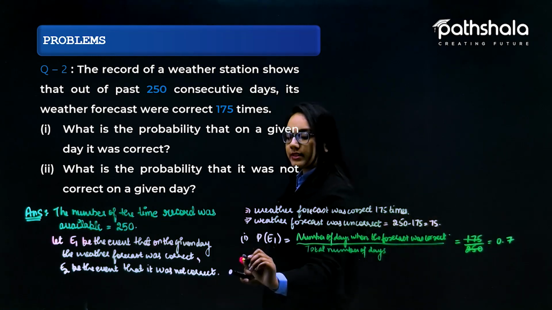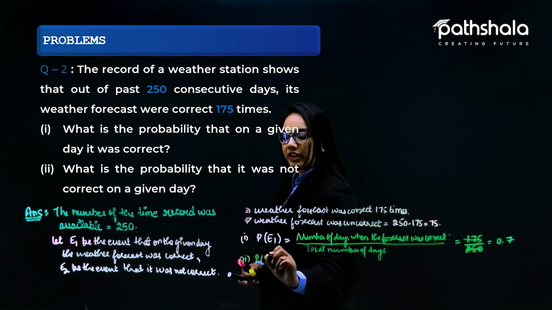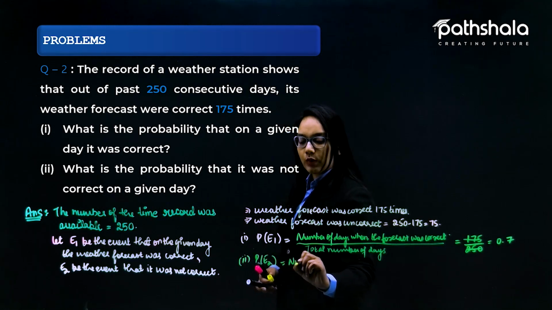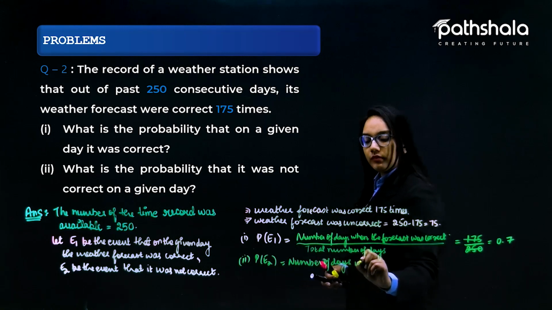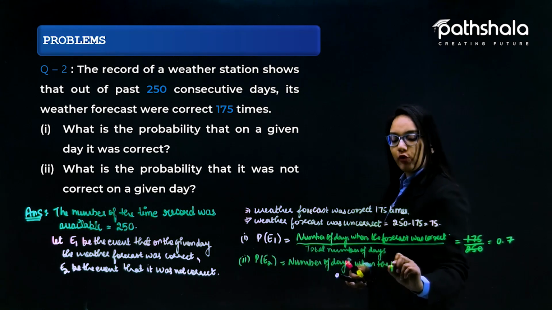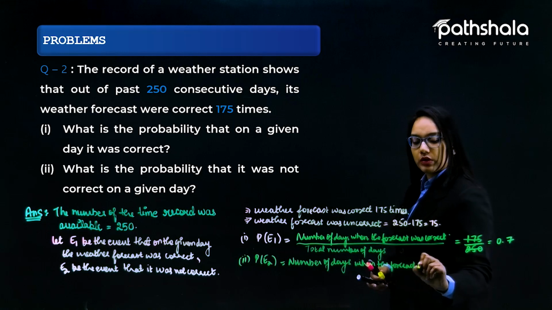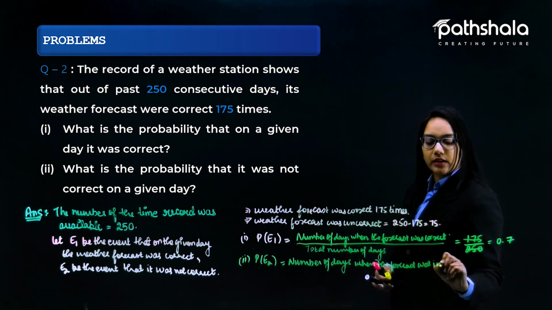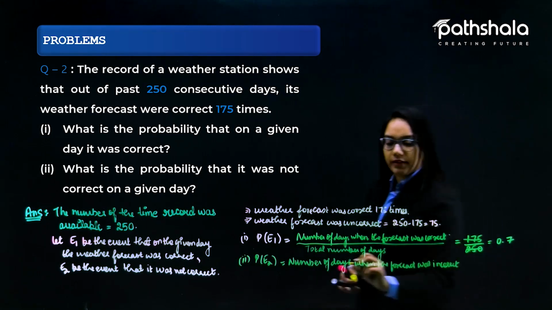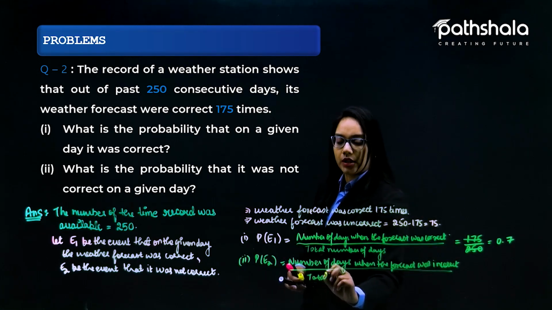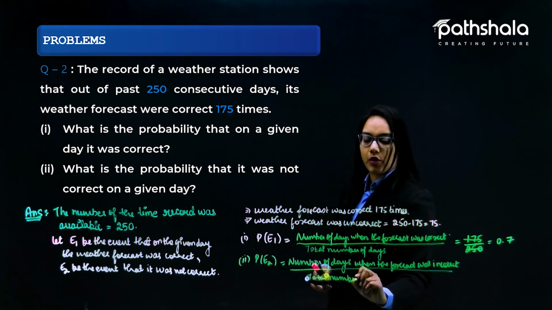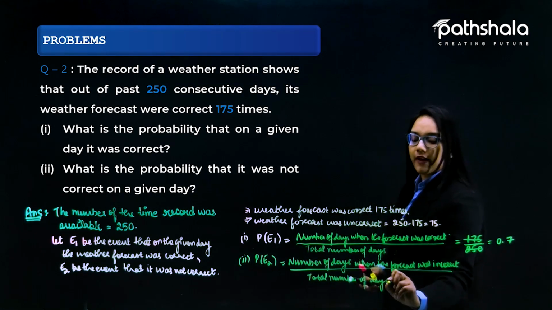And further, for the second part, we have the probability of E2, which is equal to the number of days when the forecast was incorrect or not correct, divided by the total number of days when it was available to us.